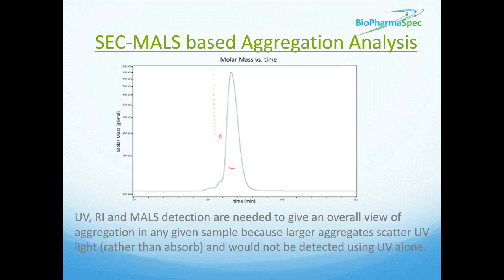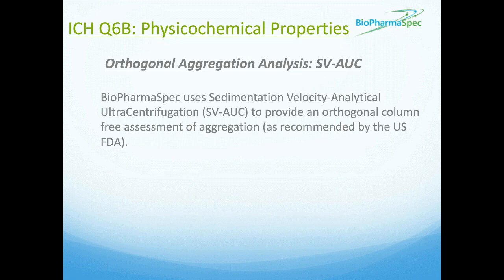Now, there is also an orthogonal method to SEC-MALS, and this is SV-AUC, which is Sedimentation Velocity Analytical Ultracentrifugation. It has become known that due to certain properties of the SEC method, where you inject quite a small concentrated sample at the top of the column, that sample then goes through quite a large dilution effect and undergoes lots of shearing and turbulence forces before it reaches the detectors.